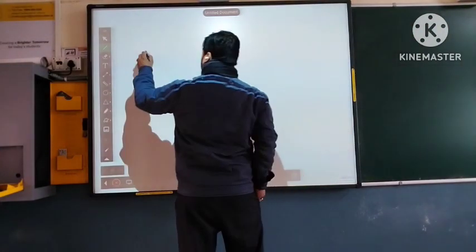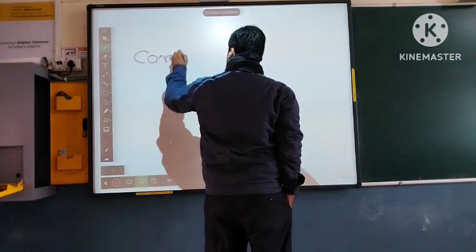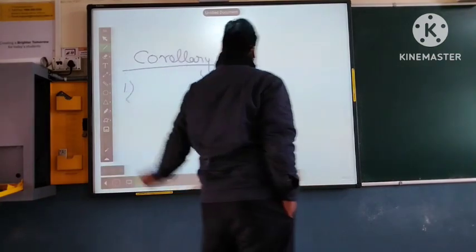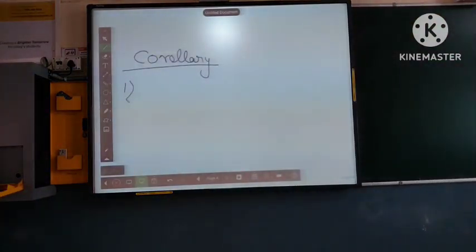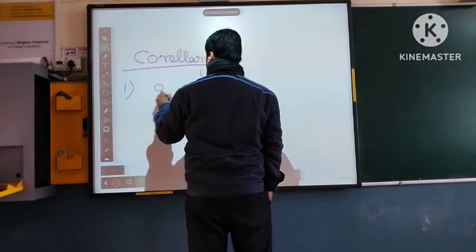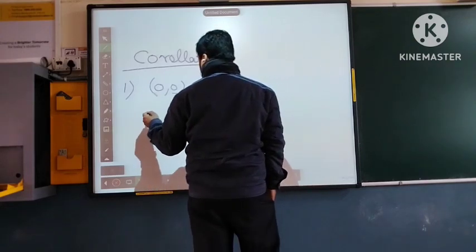Now see, the corollaries are given after this. It's theory also. Corollaries are basically some results that come out of it. The first corollary says the distance of any point from the origin. The coordinates of origin are 0 and 0.